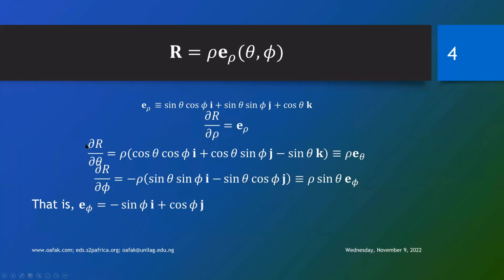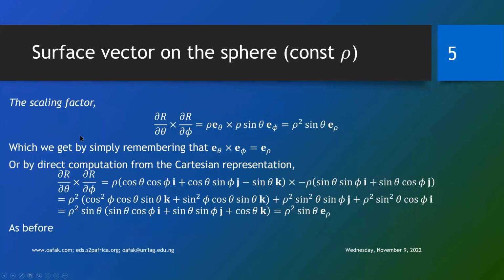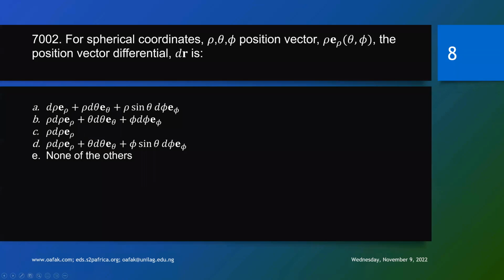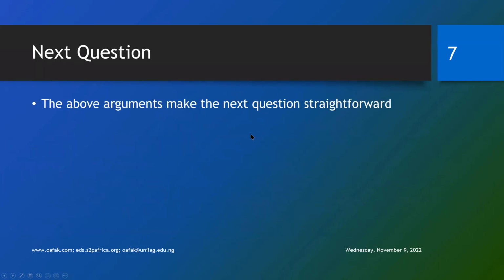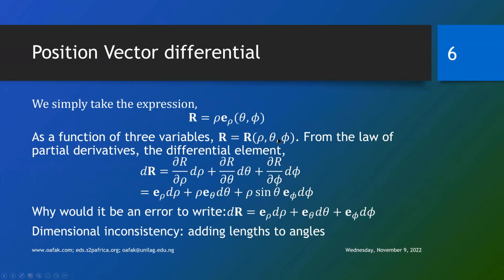Now, let me just go to where that full expression is. So we can take the expression R, which is rho E rho of theta and phi, as simply a function of rho, theta, and phi.